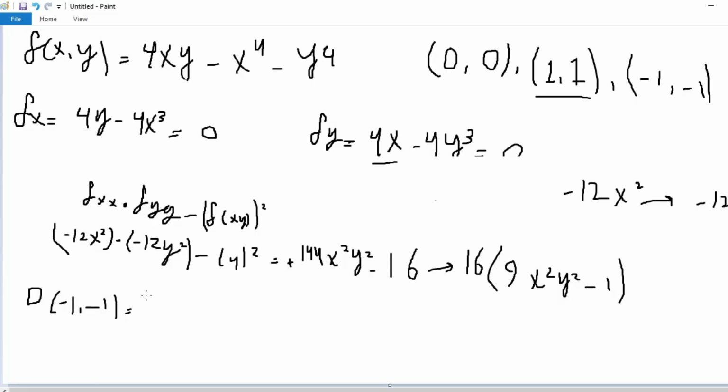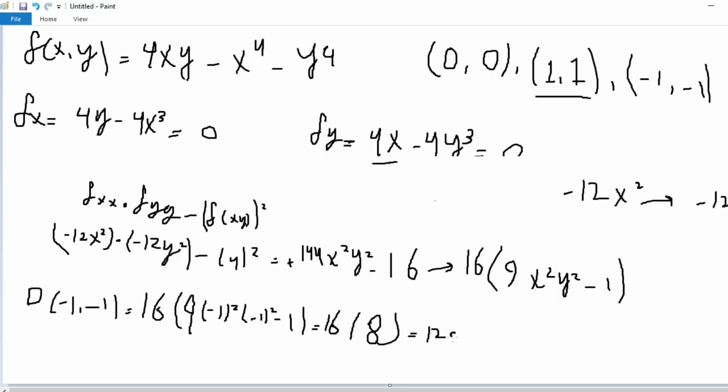So 16 times (9 times negative 1 squared times negative 1 squared, minus 1) equals 16 times: negative 1 squared is 1, negative 1 squared is 1, so 9 times 1 times 1 minus 1 is 8. So 16 times 8 is 128 again.